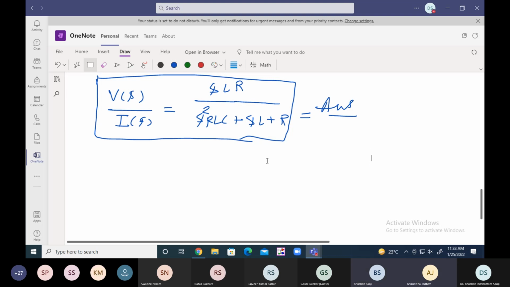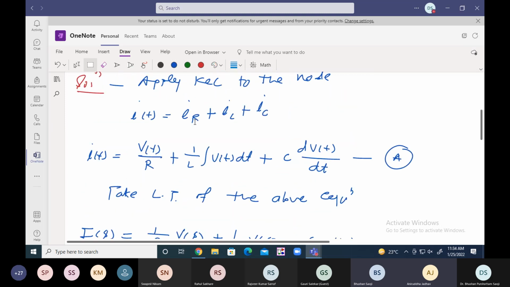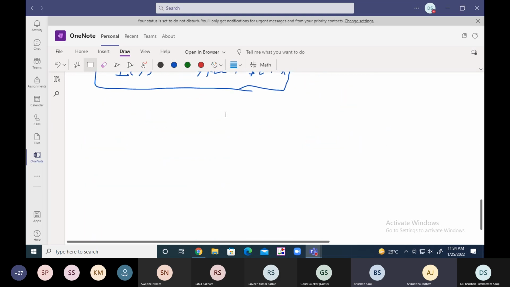Equation A, we will write equation A once again.